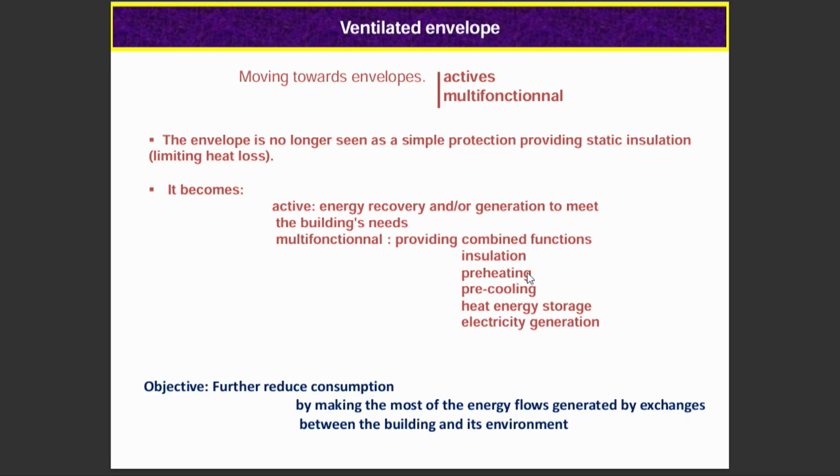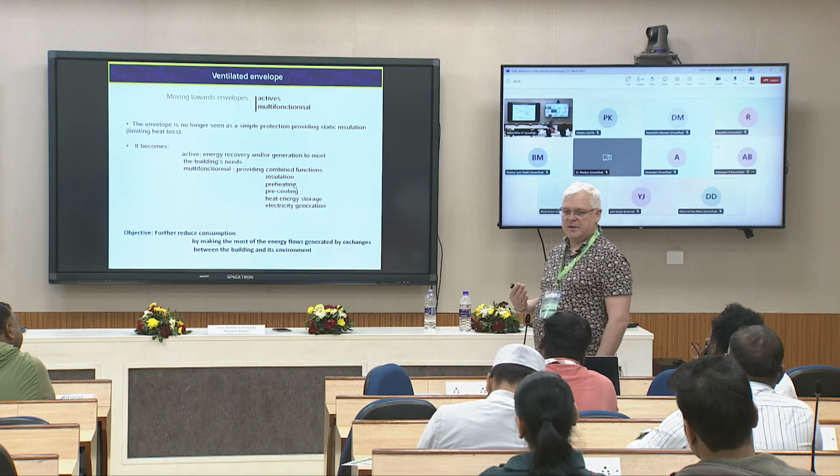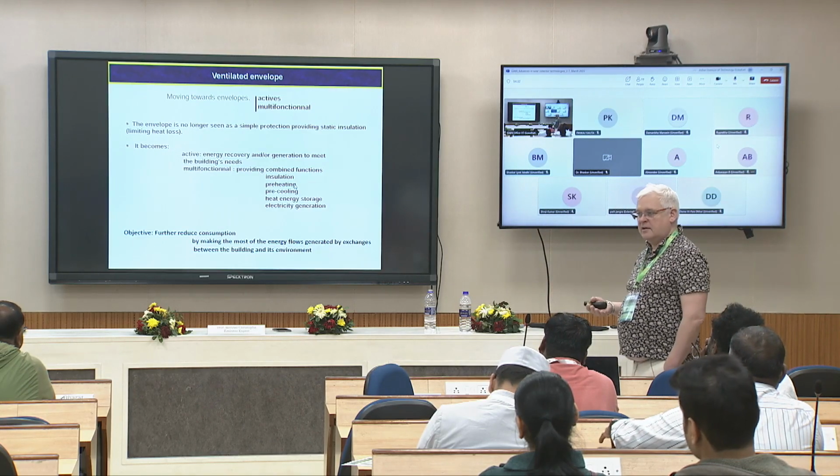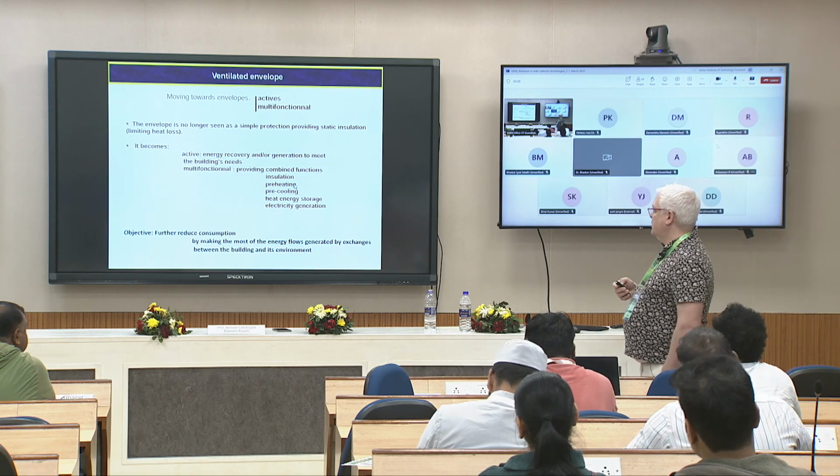So first, now we are developing building envelope, so that includes ventilation, natural or controlled ventilation, that are active in the way that they are producing some energy, and multifunctional, that they could also evolve depending on the building needs and of the climate.